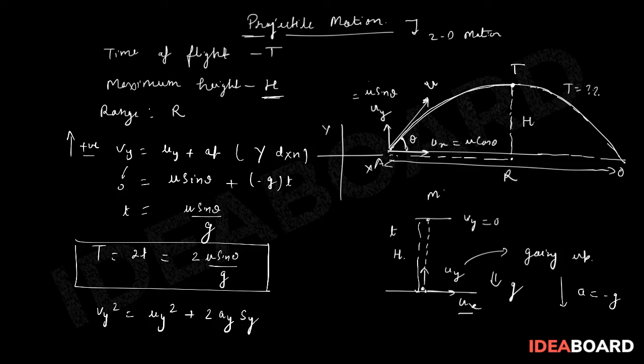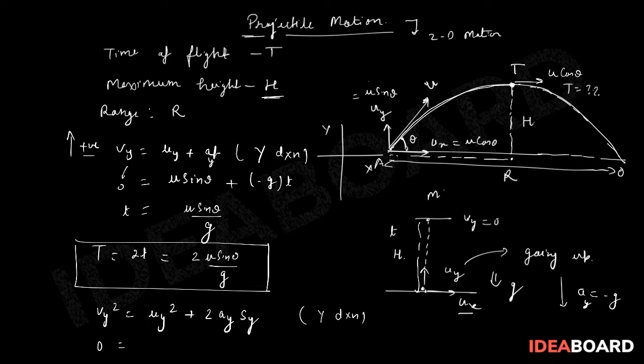So here I can write y because I used the acceleration ay. If you utilize this second equation of motion in the y direction, vy will be 0 at this point. There is no vertical velocity, only one velocity is available, which is u cos theta, which we don't need.